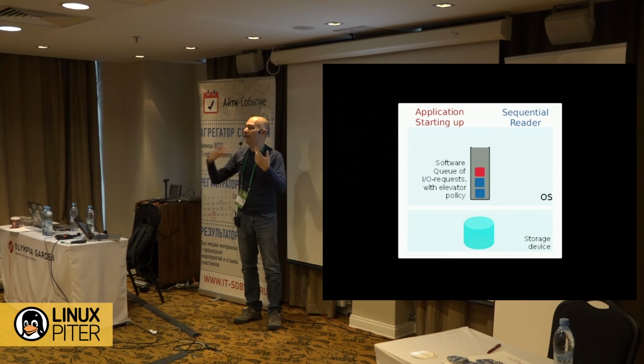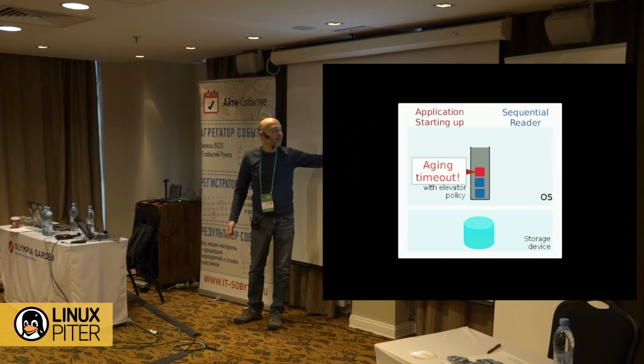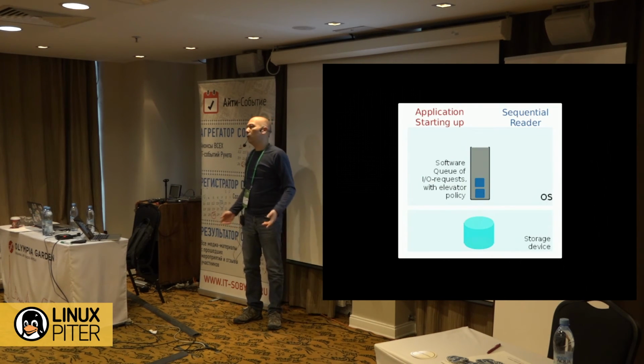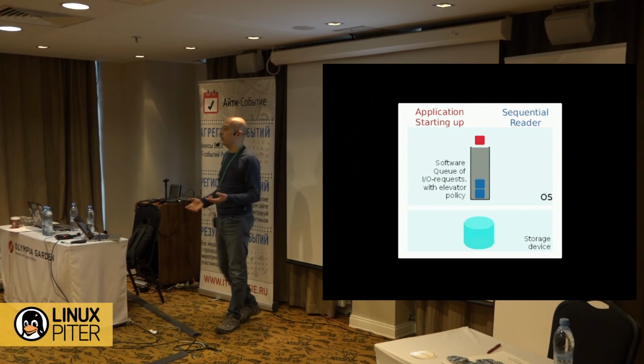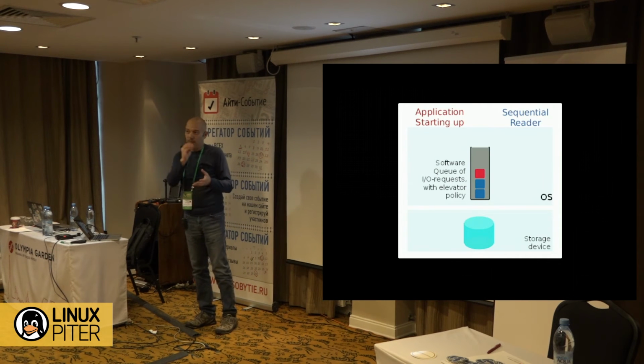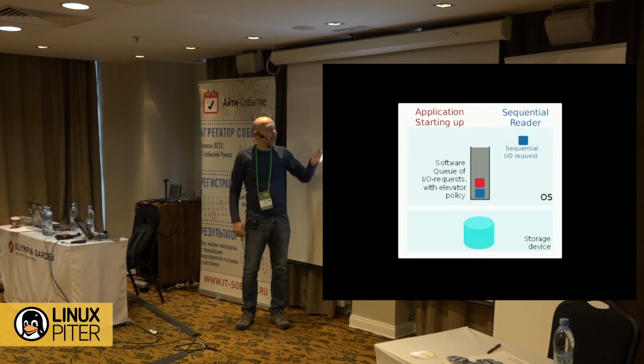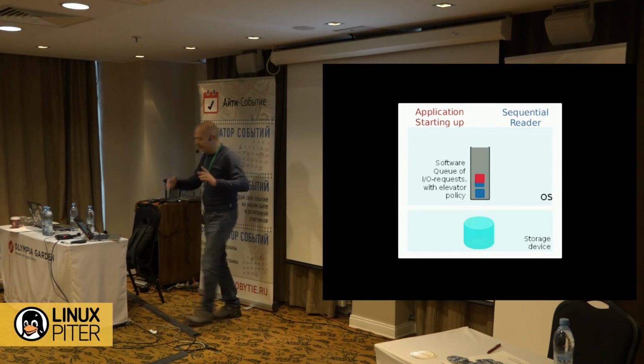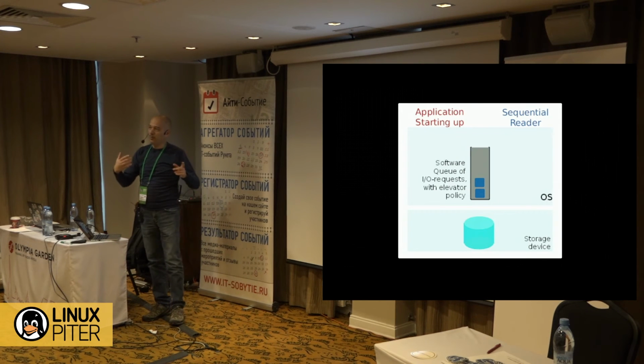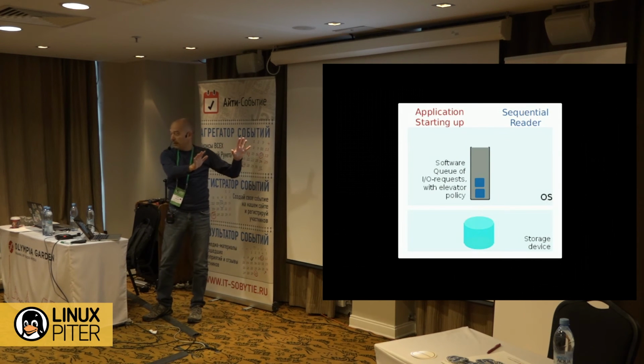And this goes on and on and on until something helps our request. Usually there is some aging timeout to avoid that request remaining there forever until the I/O terminates. But then it restarts again, until this timeout fires. This is a simplification. Things can be a little bit more complicated, but that's the idea.